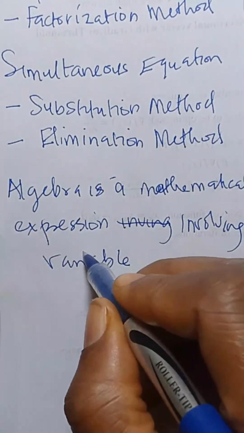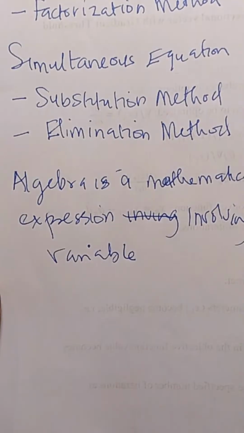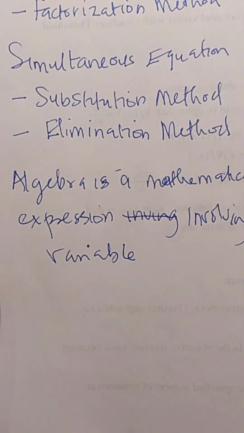Now, what is a variable? A variable is any letter of the alphabet that is used to represent an unknown in a given equation.